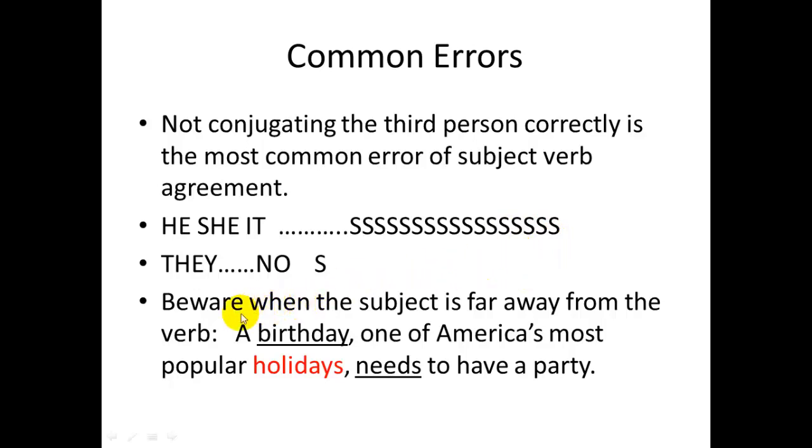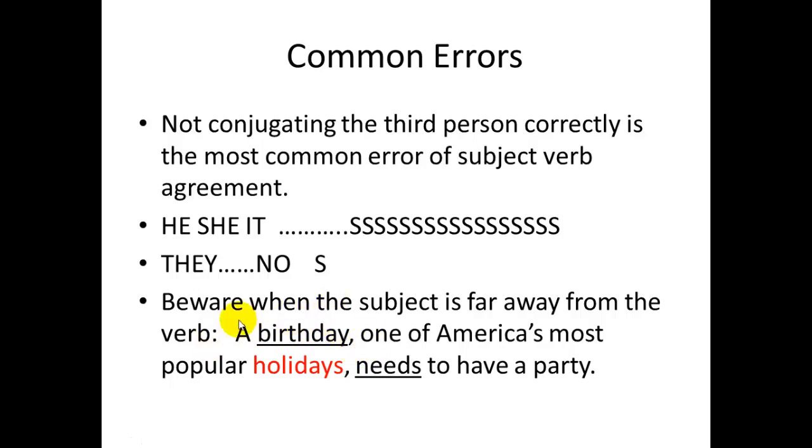The next common mistake happens when students try to write more elaborate sentences and they put the overall subject of their sentence far away from the overall verb. Here's an example. A birthday, one of America's most popular holidays, needs to have a party. Now, this sentence can be tricky because your subject is birthday, which is singular.